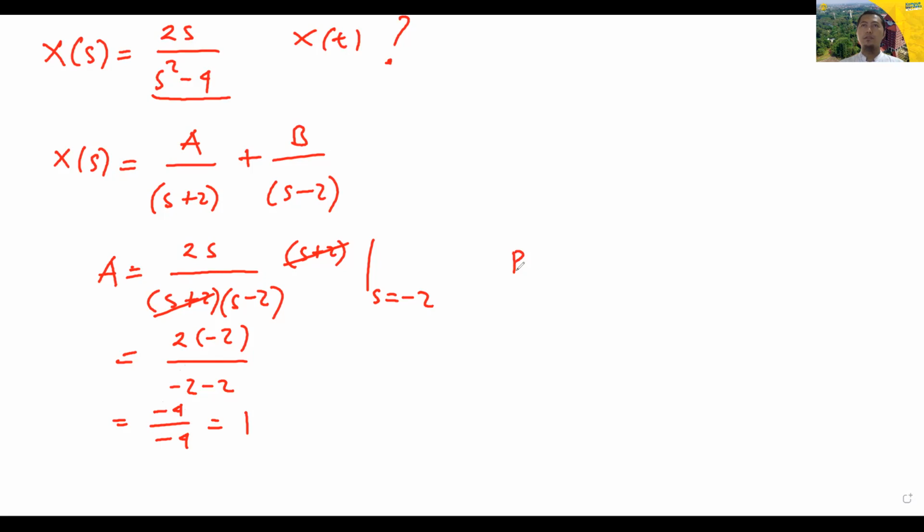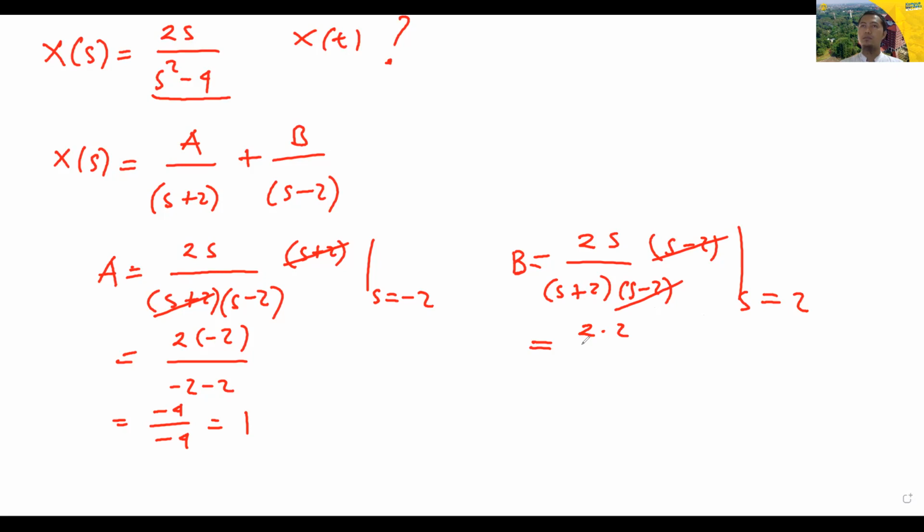And for the B, it is still the same, s plus 2, s minus 2. This is times s minus 2, and then we substitute s becomes 2, and then we reduce this one, 2 times 2 and 2 plus 2, which becomes 4 over 4 and becomes 1.